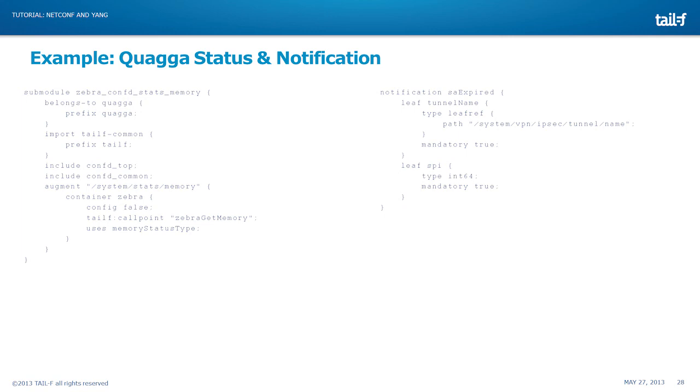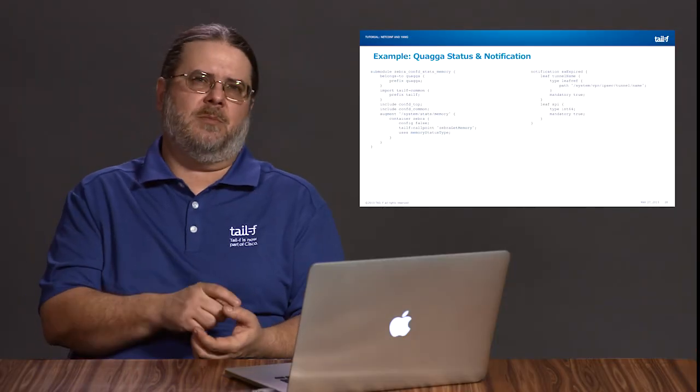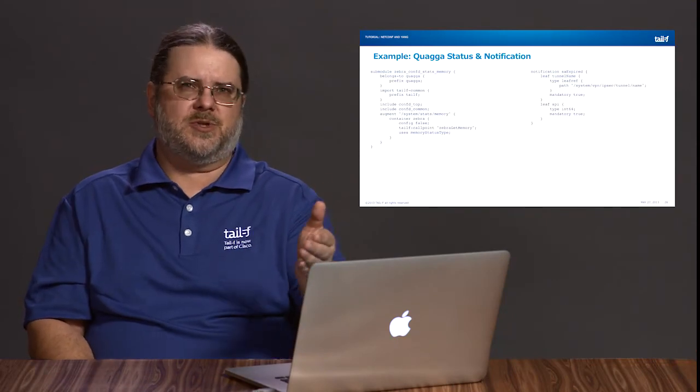They must always be there. And also the tunnel name is a leafref to our VPN tunnel table. So if we're sending this SA expired notification, it's only going to refer to an existing tunnel name. That is why we make it a leafref. Instead of just leaving it a string and expecting our programmer to populate it, we can have this constraint modeled here.